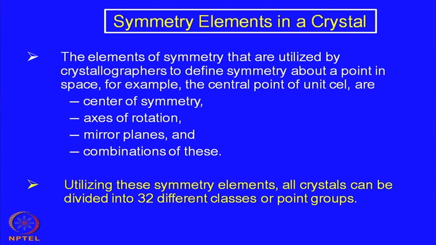Either a center of symmetry is combined with the axis of symmetry, or a mirror plane is combined with an axis of rotation, and that also gives rise to other symmetry operations. Okay. So, considering all these kinds of symmetries of a point group, we have 32 different classes.